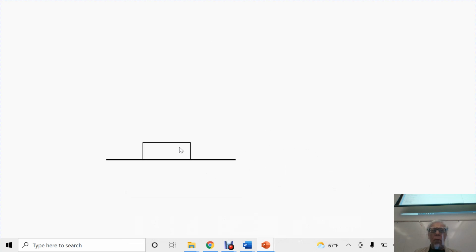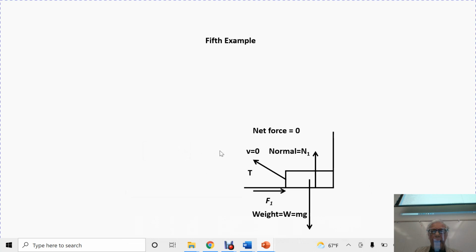Now, note the following: this component of the tension here is working in conjunction with this normal force. So this normal force is being summed up with this component of the tension to cancel out the weight.